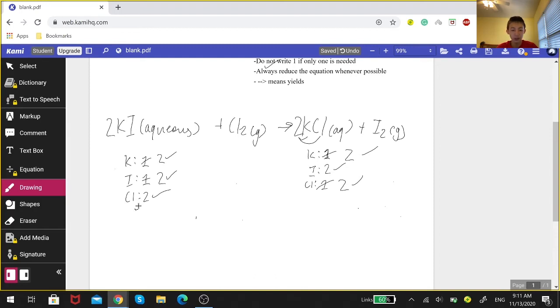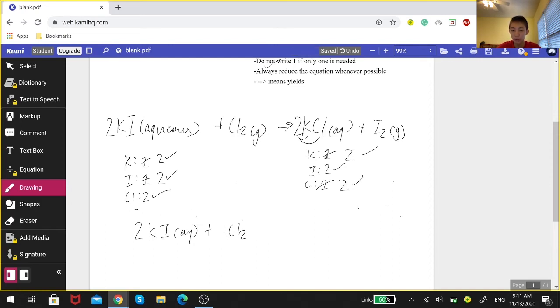Now, let's rewrite the final balanced equation. 2KI aqueous plus Cl2 gas yields 2KCl aqueous plus I2. Notice over here we kept the Cl2 as is because there's already 2 Cl in this. So we don't need to write a coefficient. If we needed 4 Cl, then we'd write a coefficient of 2.